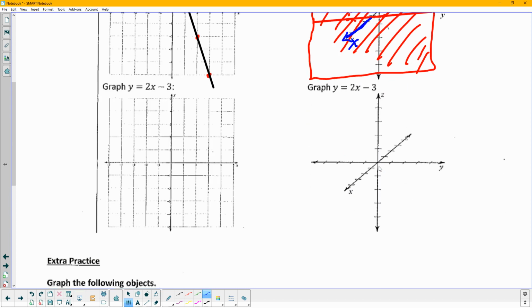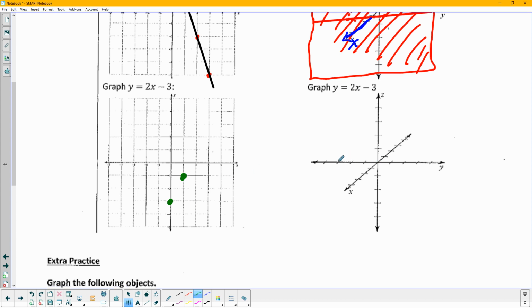One last example, and we'll call it for the day. You could actually skip the two-dimensional side altogether if you wanted to. I find that it helps out a little bit. If I look at where this line goes, it goes through the point 0, -3, and it goes up 2 and over 1. I'll just stick with 2 points just to make it a little bit quicker.